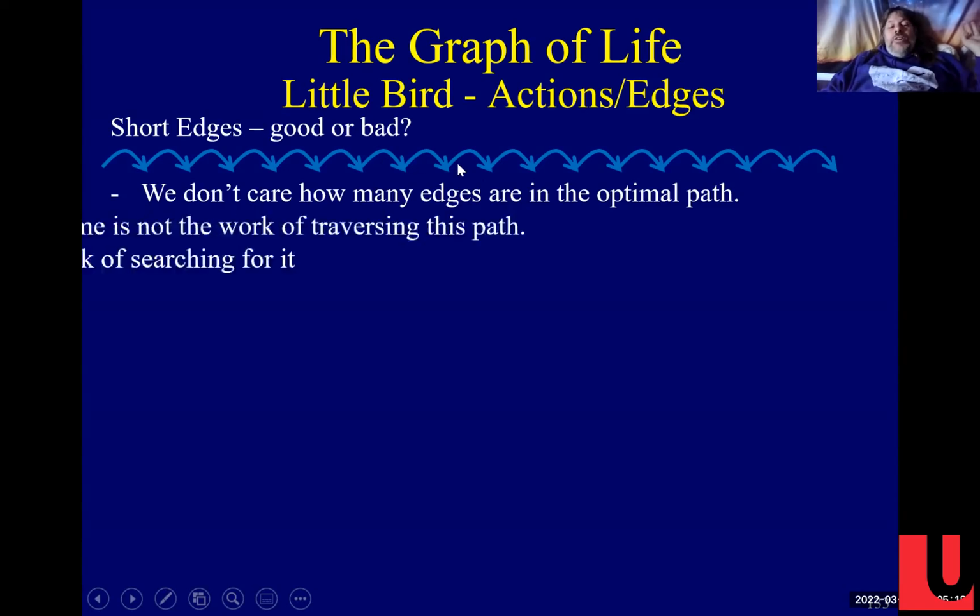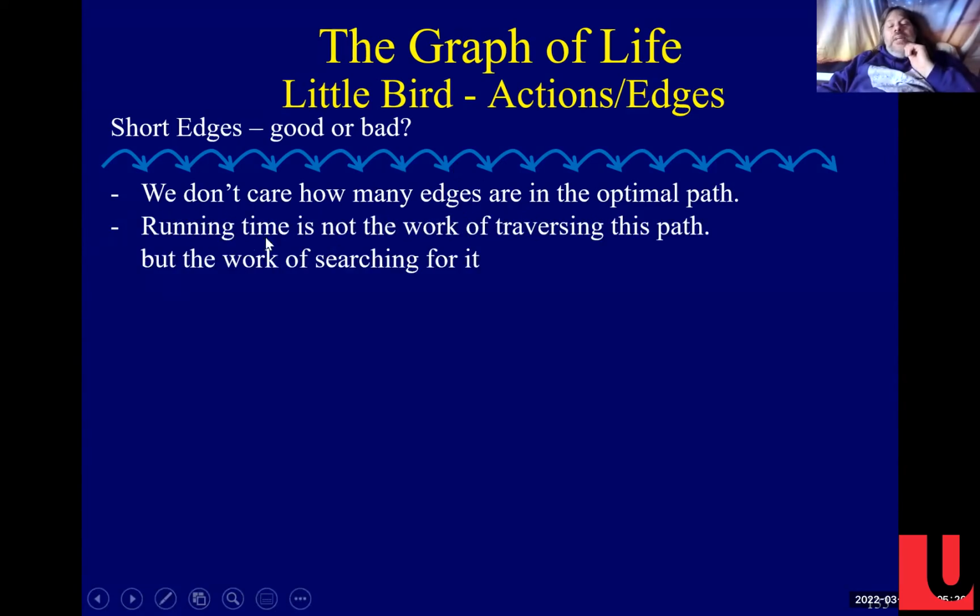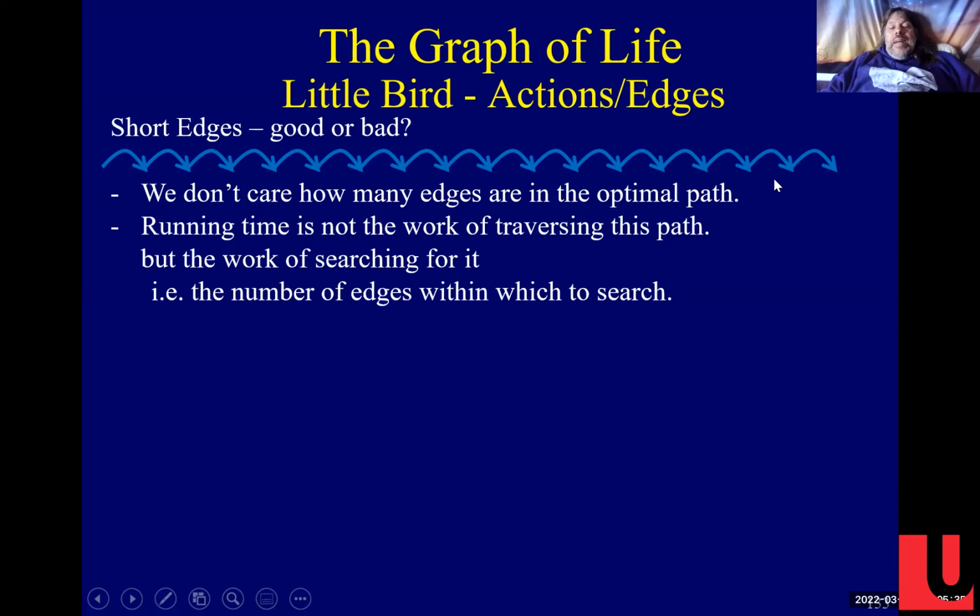But another thing we do care about is the running time of our algorithm. The running time of our algorithm isn't the time to traverse this path. The running time of our algorithm is how long it takes us to find the optimal path, right? And the running time, remember, of dynamic programming is how many edges there are to search through, right?